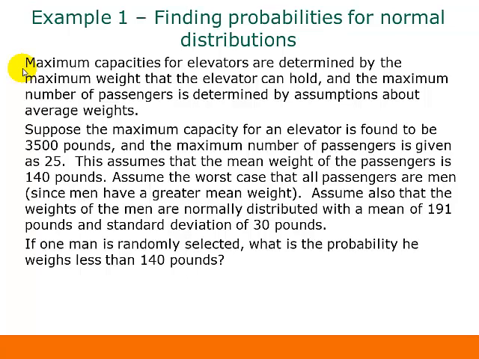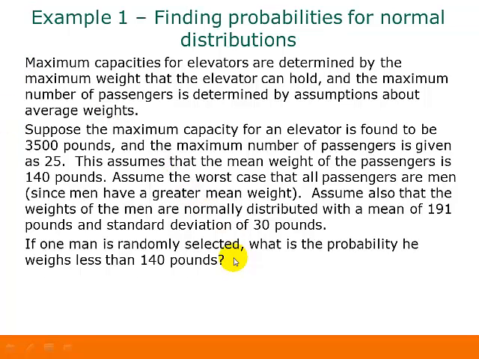This assumes that the mean weight of the passengers is 140 pounds. Assume the worst case, that all passengers are men, since men have a greater mean weight. Assume also that the weights of the men are normally distributed with a mean of 191 pounds and a standard deviation of 30 pounds.